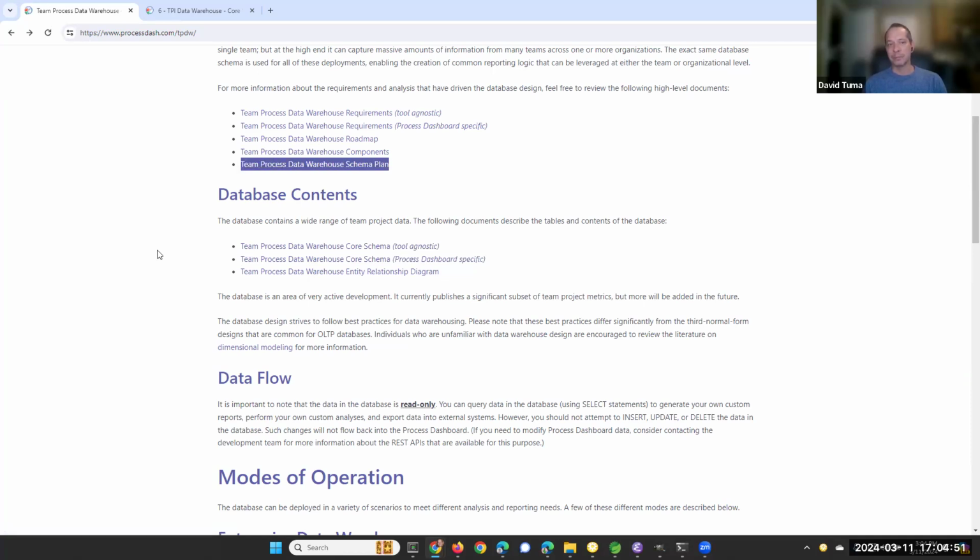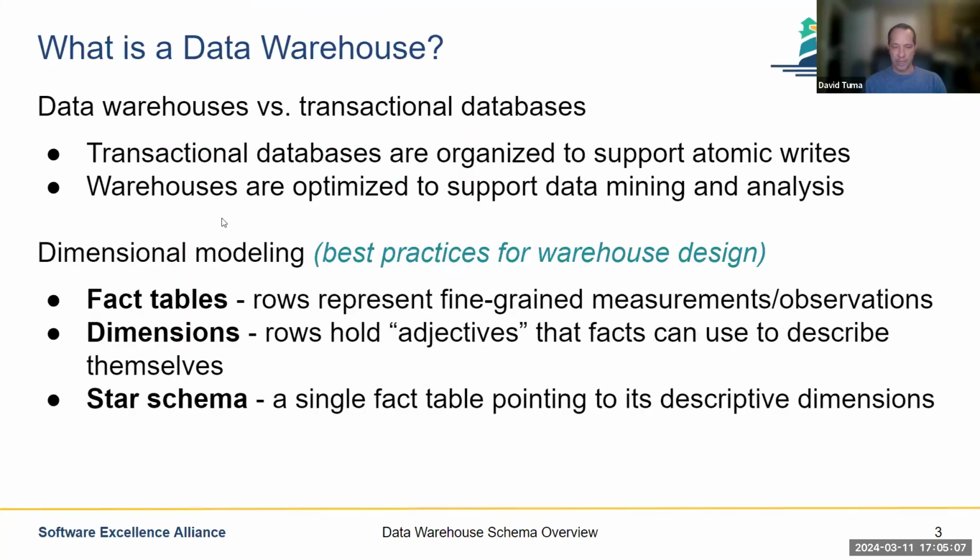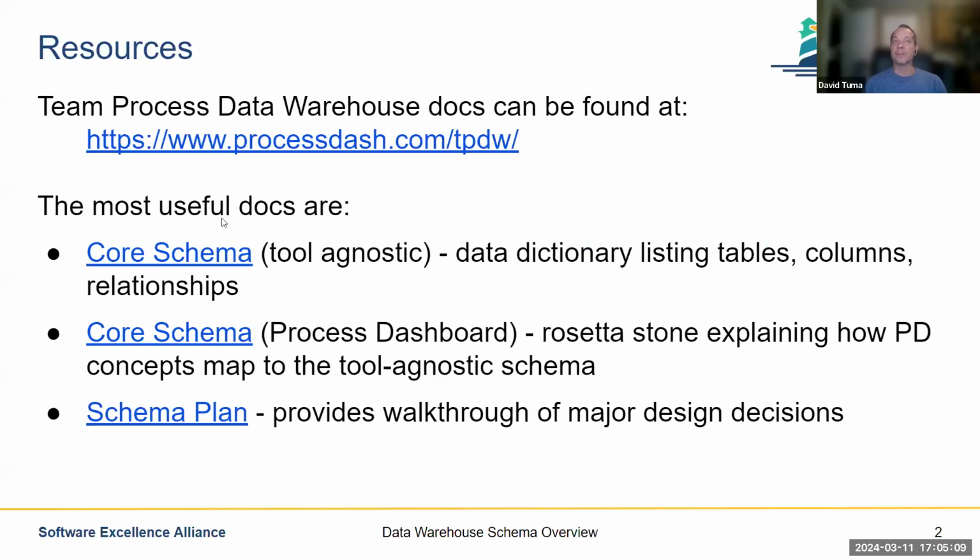The schema plan basically provides some of the design rationale that went into why the database is structured the way it is. But as I mentioned, the core schema is mostly what I'm going to be talking about today. Almost all of the information that I cover in this presentation is also in the core schema document in a lot more depth.